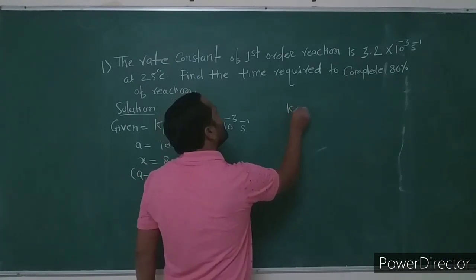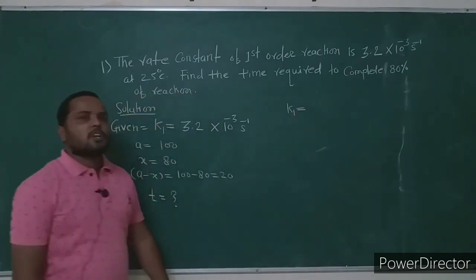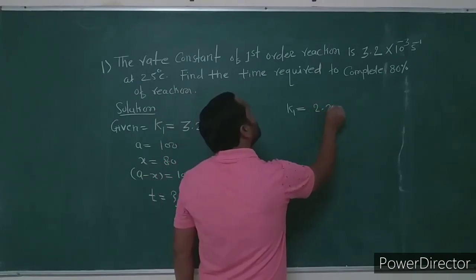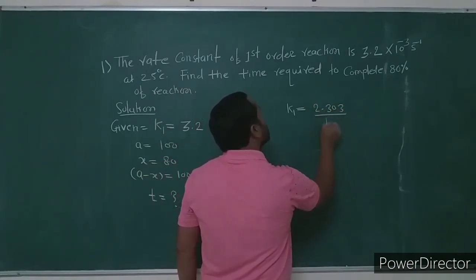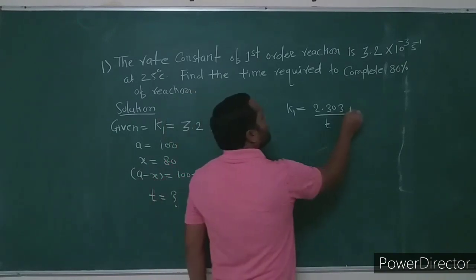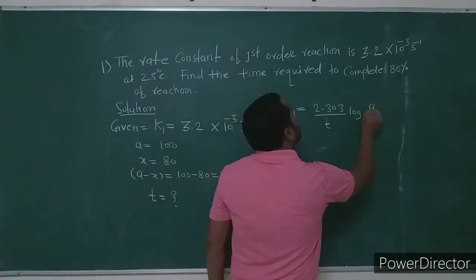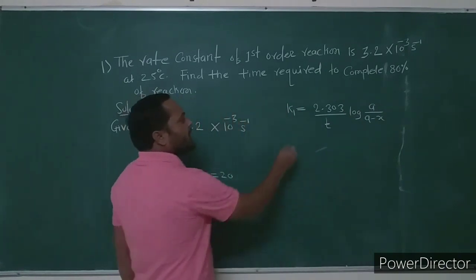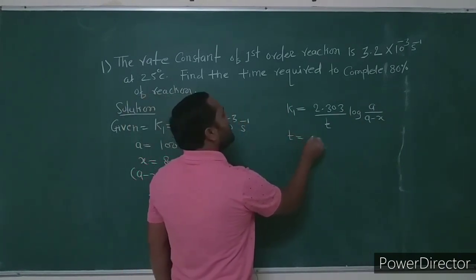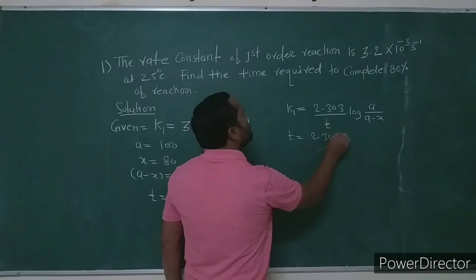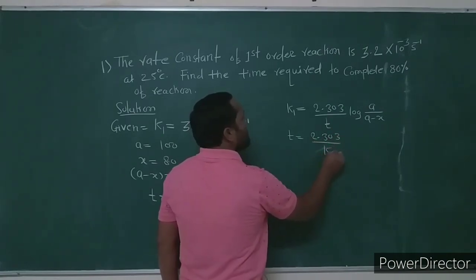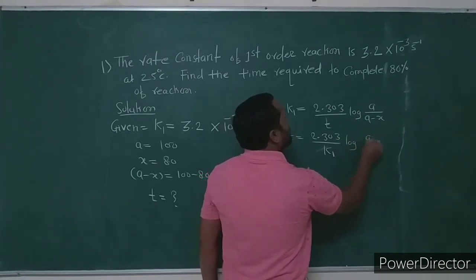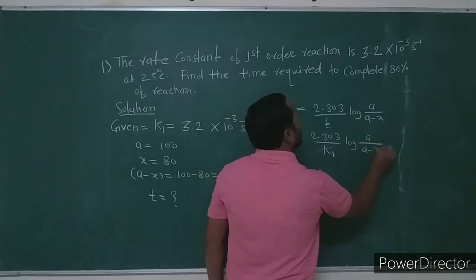Using the rate constant equation for first order reaction, K1 is equal to 2.303 divided by T log A upon A minus X. Then we can rearrange this: T is equal to 2.303 divided by K1 log A upon A minus X.